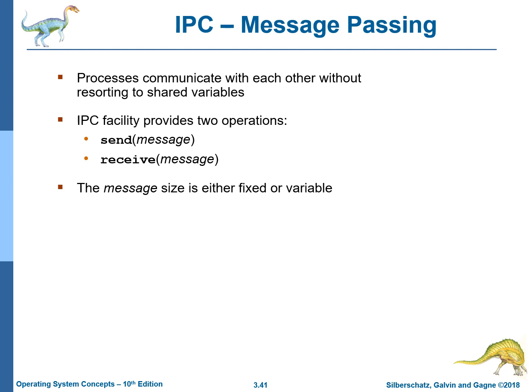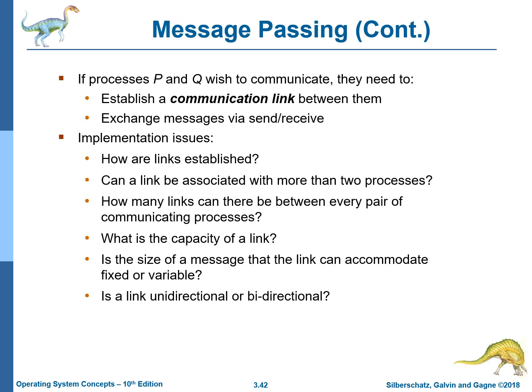Inter-process communication, message passing. Processes communicate with each other without resorting to shared variables. The IPC facility provides two operations: send message and receive message. The message size is either fixed or variable. If processes P and Q wish to communicate, they need to establish a communication link between them and exchange messages via send and receive.